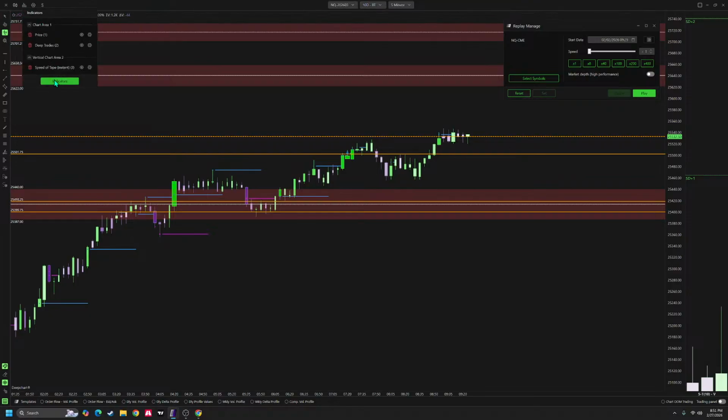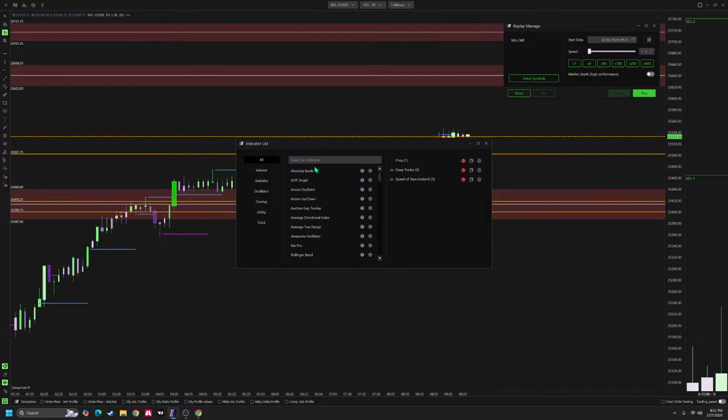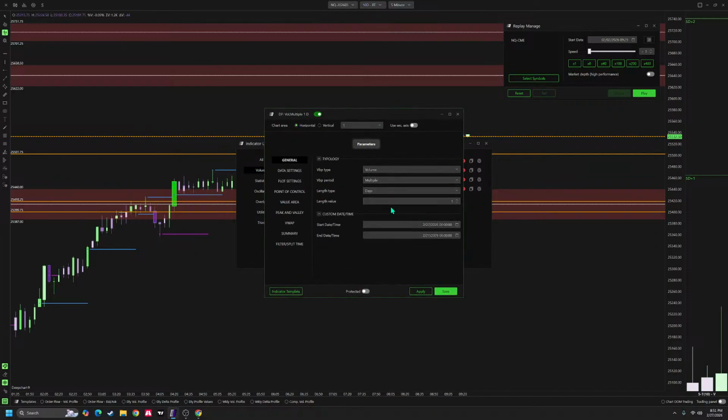I also like to add a composite volume profile. I don't think it's composite though. I think it's just volume profile or deep profile. So we add deep profile and we're going to make it, how is it?